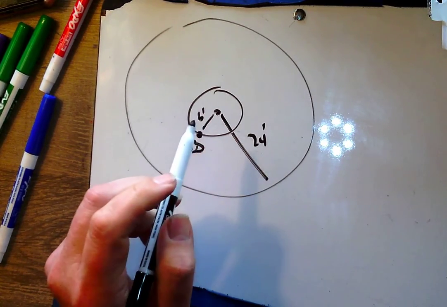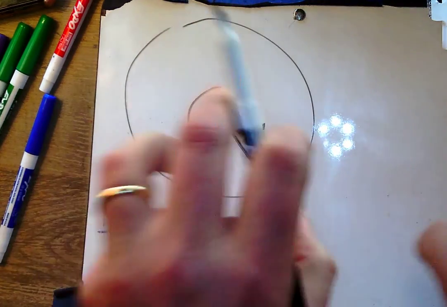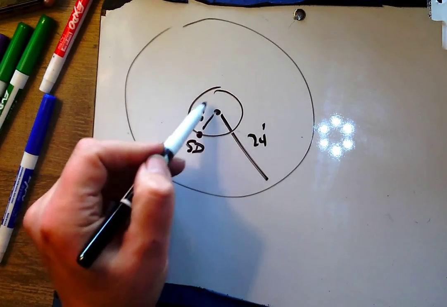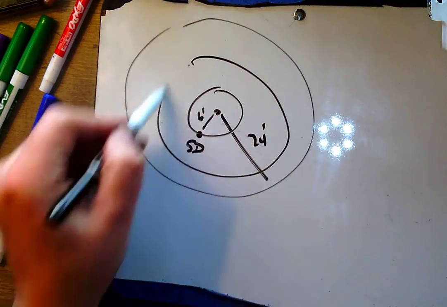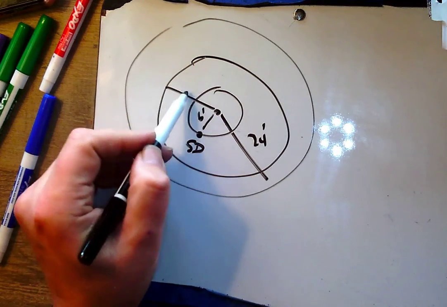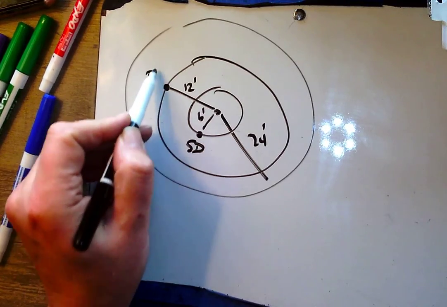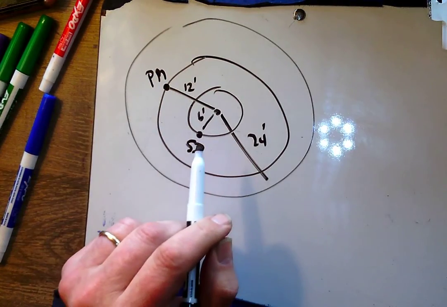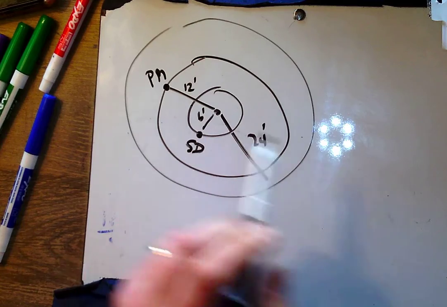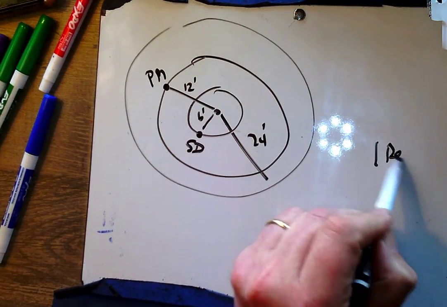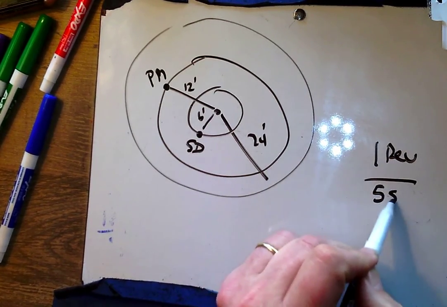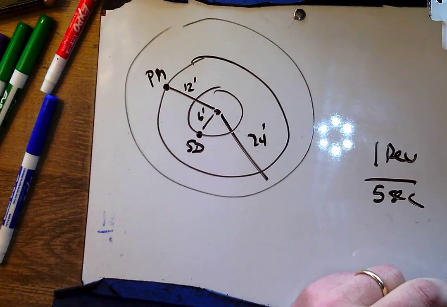The rearing praying mantis is 12 feet from the center. So this is 12 feet, and this is the praying mantis. Carousel is spinning at 1 revolution every 5 seconds.